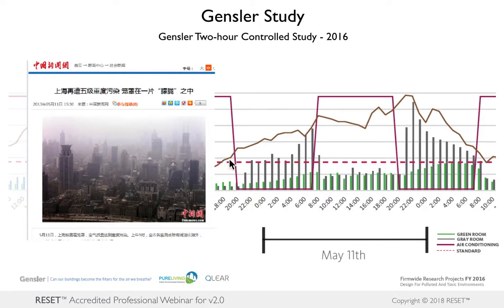So if we're looking at what happens when the HVAC system is turning on, it's able to keep the PM levels at a reasonably low level. It's doing what it's supposed to do in this case, which is filter the outside air and the recirculated air in addition. When the system is off, the PM levels rise.